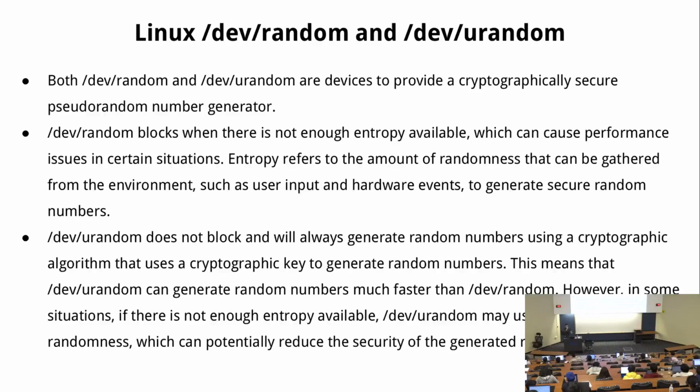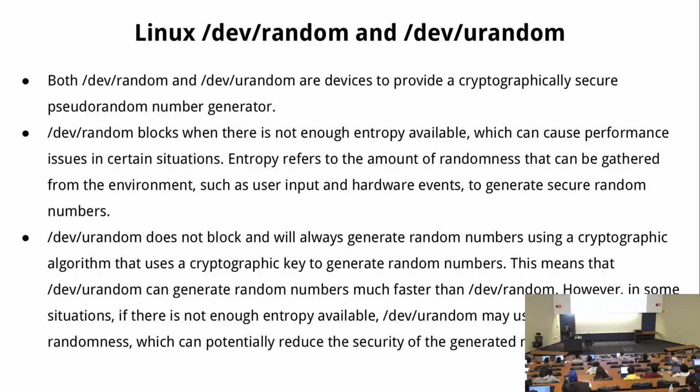Those two are kind of different. /dev/random will block. It will generate higher quality random numbers. So if it cannot get enough entropy, where the randomness may come from the network or your keyboard, then it will just block there and not generate more random numbers.